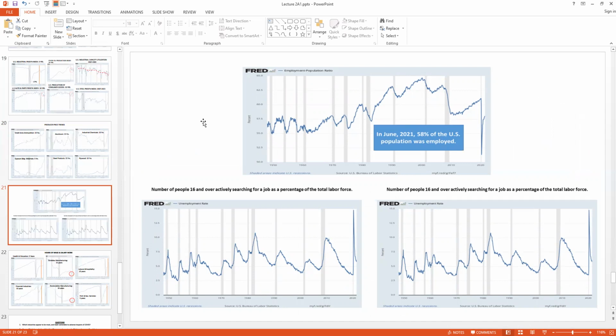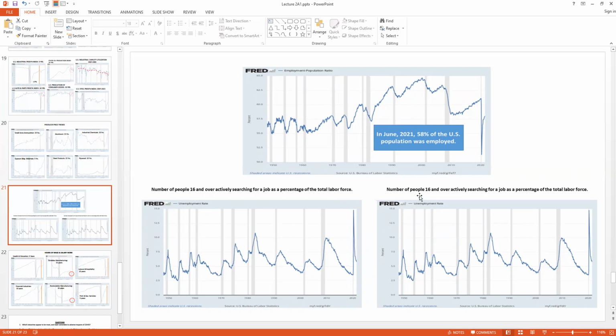Here we're going to take a look briefly at some trends in employment and unemployment, and we can see that the number of people over 16 searching for a job as a percent of the entire labor force shot up during the pandemic and then has come back down.